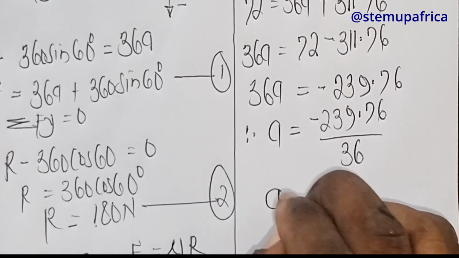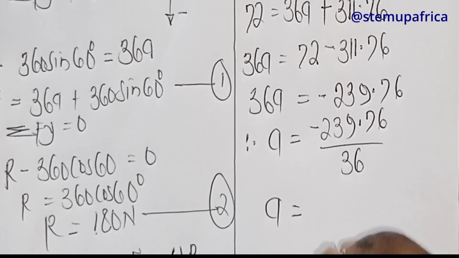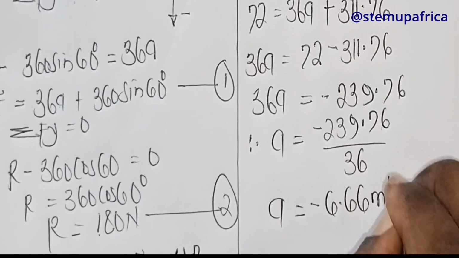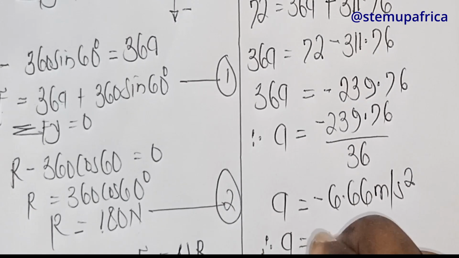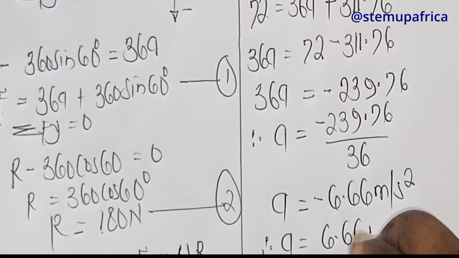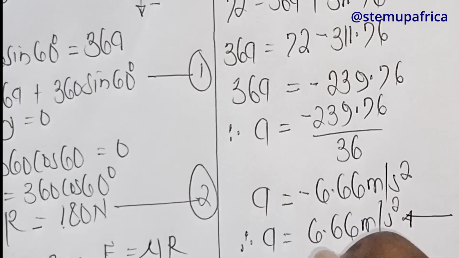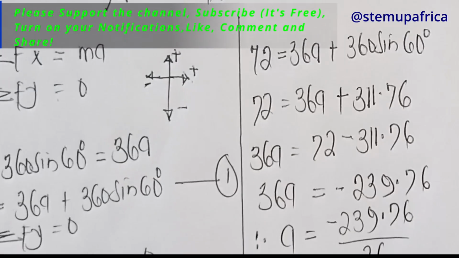So our A will give us minus 6.66 meter per second square. So therefore, A is 6.66 meter per second square. I will indicate the direction is negative, acting in the negative direction. So that is the answer to the question.